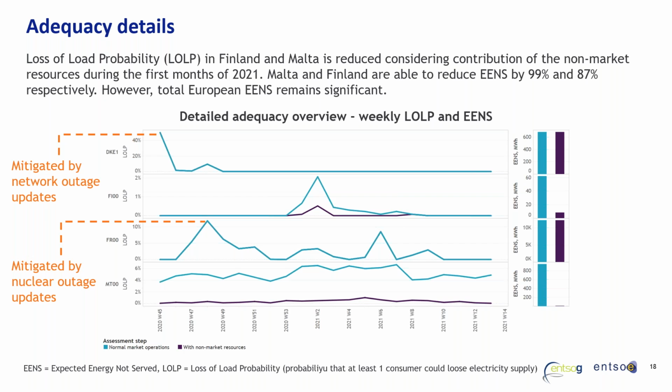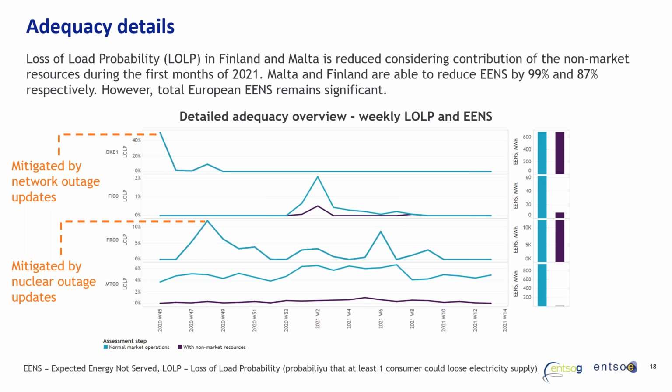And last but not least, we also see some risks in Malta. In Malta, these risks are, let's say, I'm not sure if I can say that they are common, but it's just the nature of their power system. Their power system is interconnected only with Italy, namely Sicily.